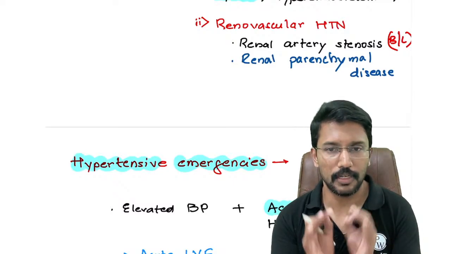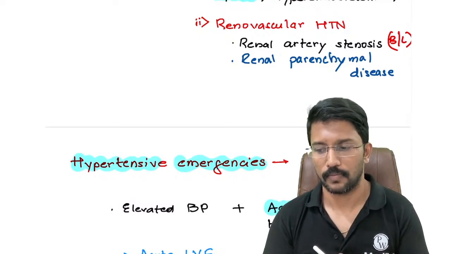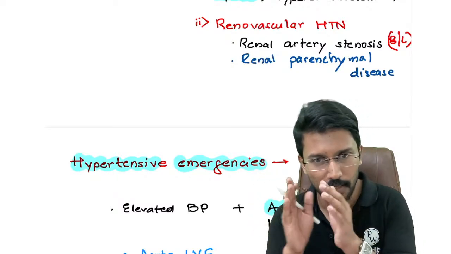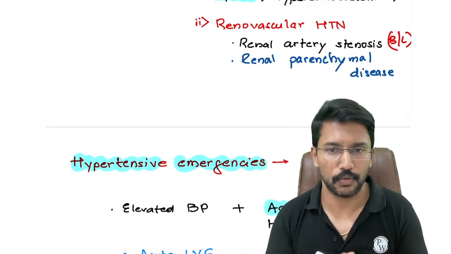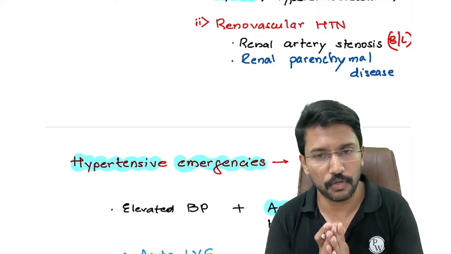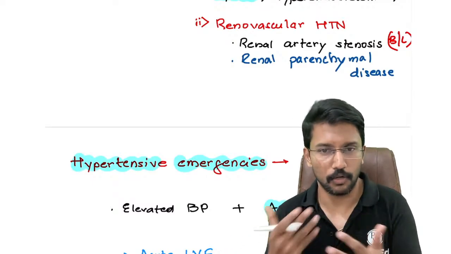What is the initial investigation when you are suspecting renal artery stenosis? The gold standard for any narrowed blood vessel is always going to be angiogram, right? Renal angiogram will be the gold standard, but the initial investigation is going to be renal vessel Doppler. The Doppler is nothing but a form of USG.